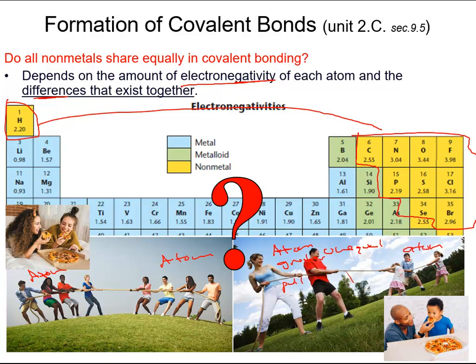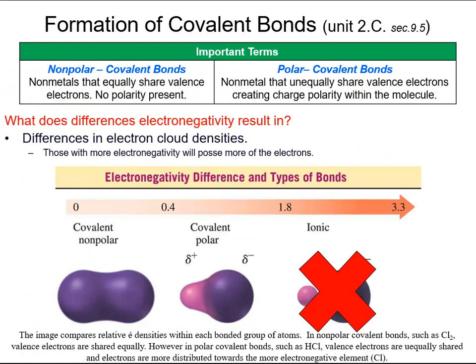Now, I'm not saying the other atom doesn't have any attraction towards the electrons, not at all, because you see these kids want to play tug of war. But their attraction is not as great, so hence they need to share. And this attraction here is almost the same, because they're not going anywhere. How do we identify that based on the combinations and pairs of atoms in a covalent bond? So we'll start talking about this some more.